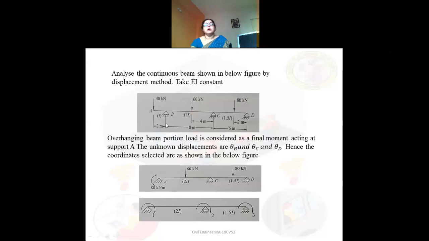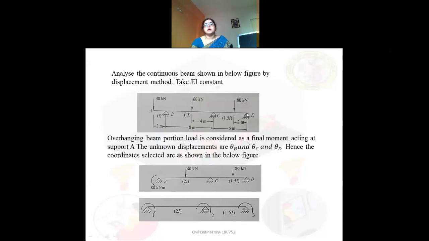Now here there is a mistake. It should be B, C and D. So how many unknowns are there? The hinge will prevent horizontal and vertical translation. Since it is a beam, I'll neglect axial deformation. Support C will prevent vertical translation, and support D will also prevent vertical translation.